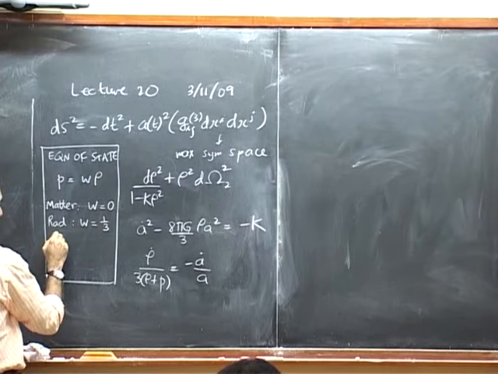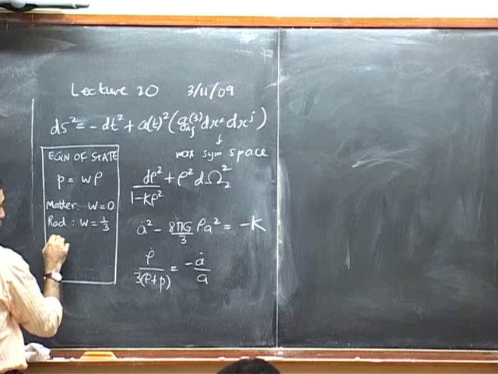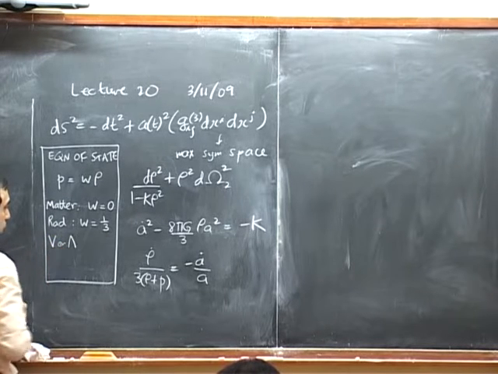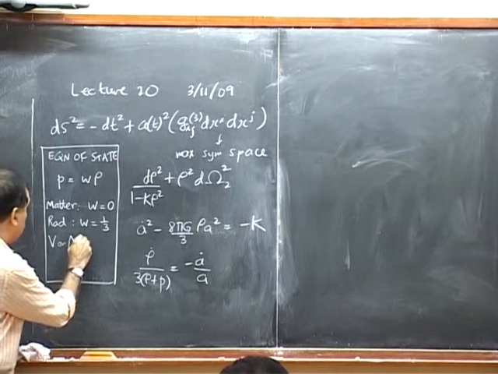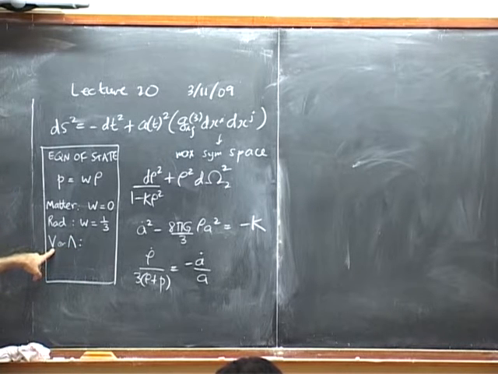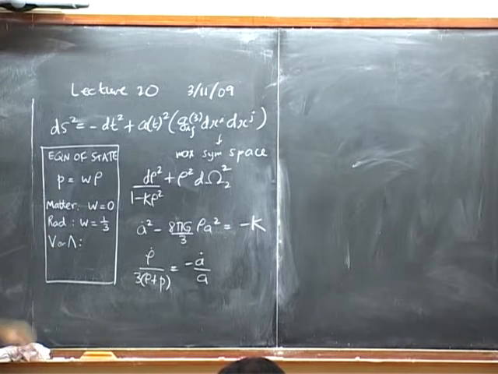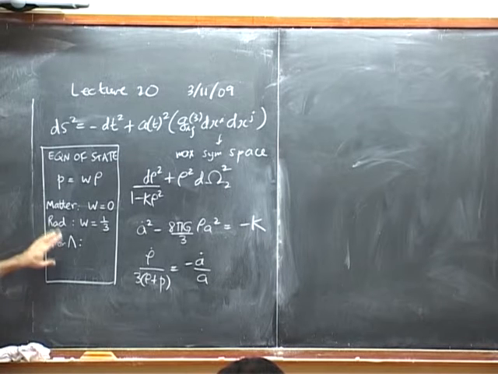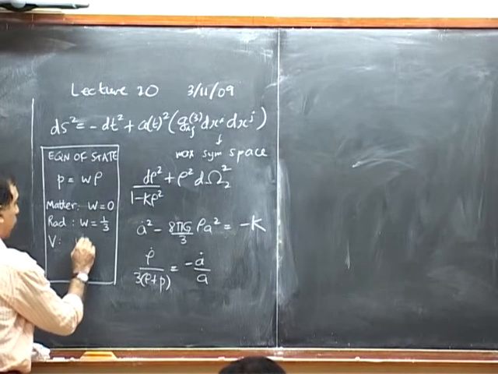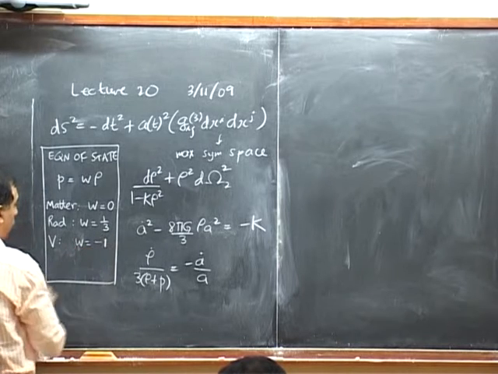And now the third thing is either called vacuum or lambda. Symbols look the same as each other. Lambda is for cosmological constant, V is for vacuum contribution. It's the same thing. We'll be using V most of the time. This has effectively W equals -1.